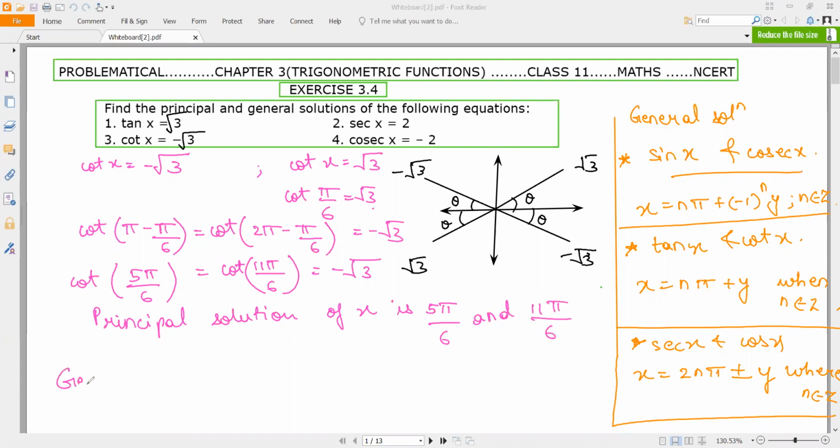Now general solution. General solution of cot will be same as that of tan. So general solution is x equals nπ plus y. Now your y value will be the smaller value of the principal solution. Amongst the principal solution, 5π/6 is the smaller value. So here you should have 5π/6, where n belongs to Z.